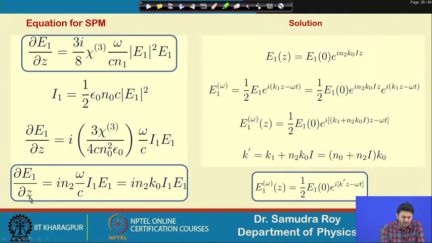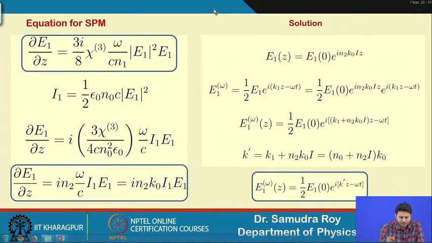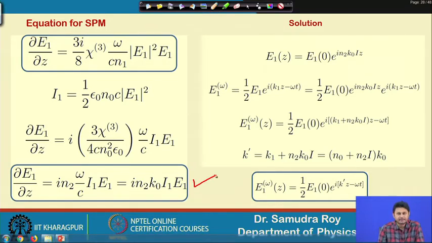This is the total equation of the electric field, and it should contain both the amplitude and the phase, because this is a complex equation. E is now having two parts: one is mod of E1, the amplitude part, and one is the phase part.